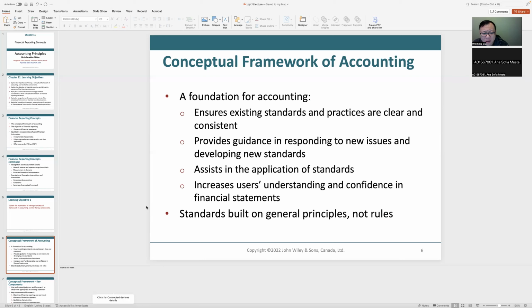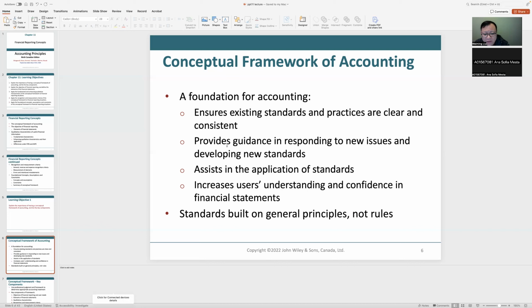If they are not consistent, then we lose the value of comparability. If one year you use this way and the other year you use another way, or if one company uses this way and another company uses a different way, they are not consistent, so it's hard for people to compare.